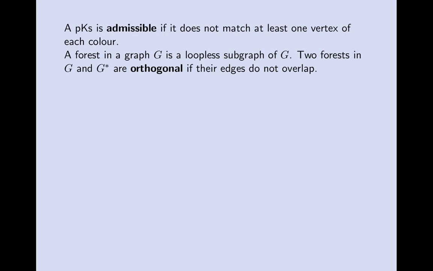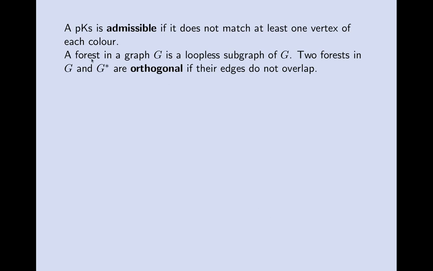So we know from before that all partial Kauffman states must leave unmatched at least two regions. However, it can happen that these two regions are of the same color, for example. And in that case, the partial Kauffman state wouldn't be admissible. We want at least two, and this is granted, and one white and one black.